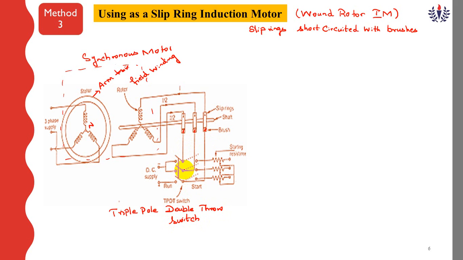Because anyway in field winding we have to give DC excitation. So through my switch I'm giving the DC supply. You see here, I'm giving the DC supply here, plus minus.